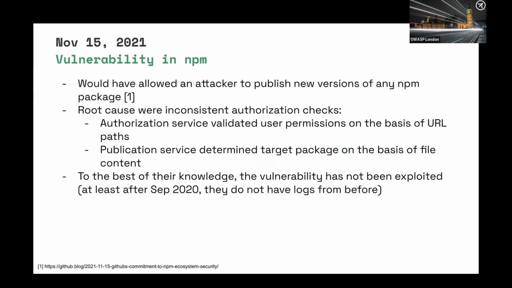But the actual package name was also contained in the payload of your post request. So you were checked against one package, but what you deployed was something completely different. Again, to the best of their knowledge, it has not been exploited, but the logs only lasted until September 2020.